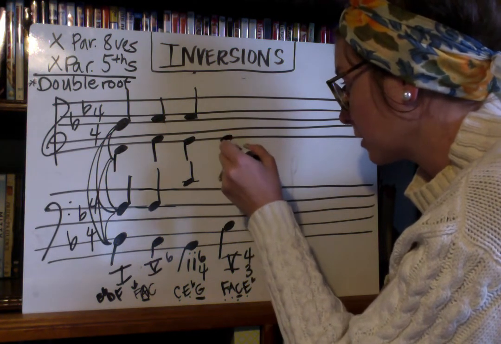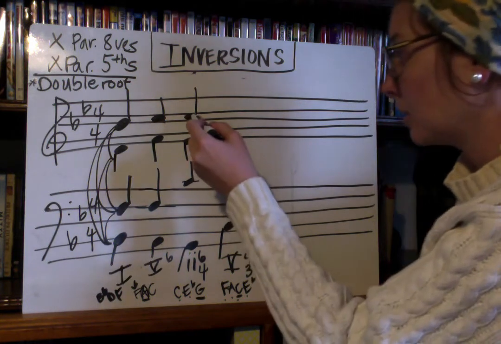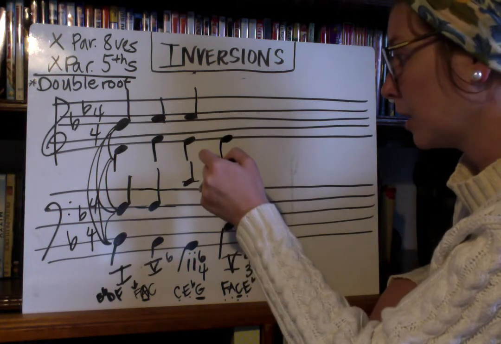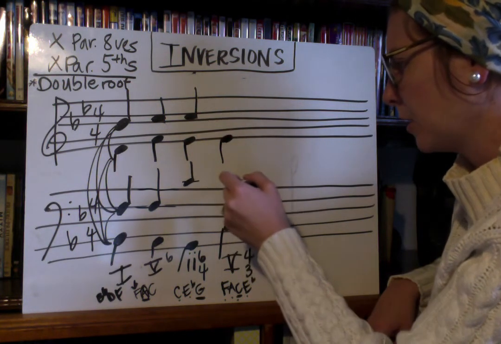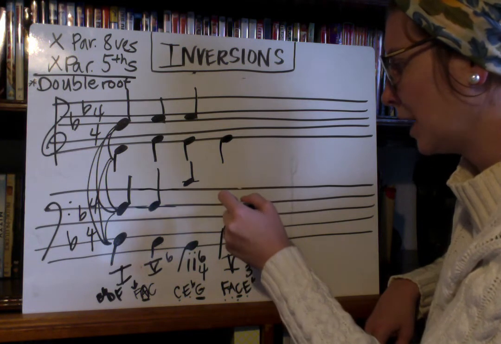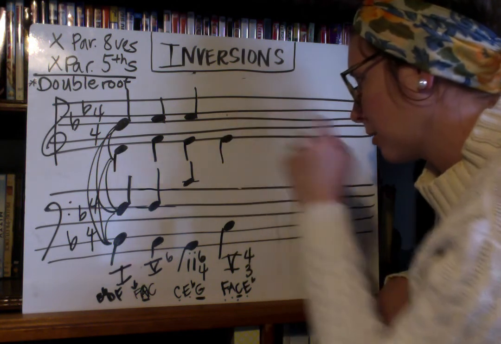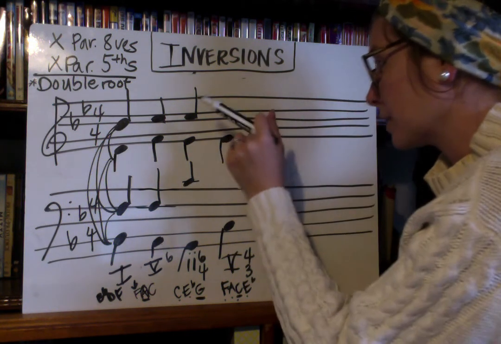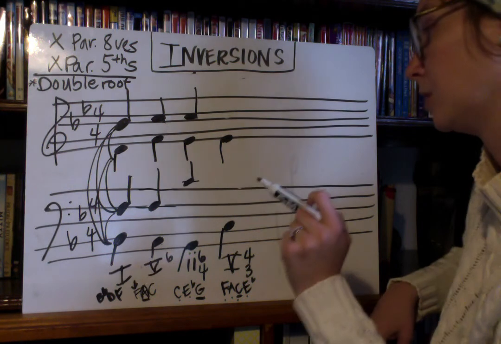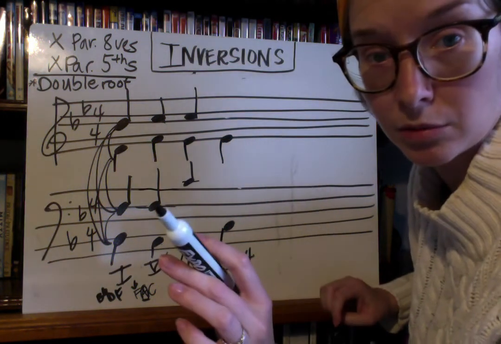I think that makes the most sense, right? Okay, we can make the tenors go down to the F, and the sopranos go to an A, or we can make the sopranos go up to an F, and the tenors go down to an A. Whatever you want to do, okay?